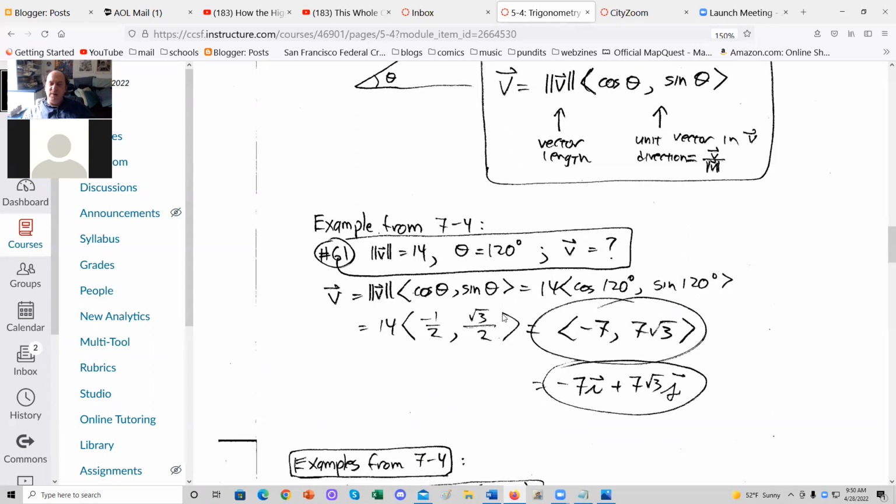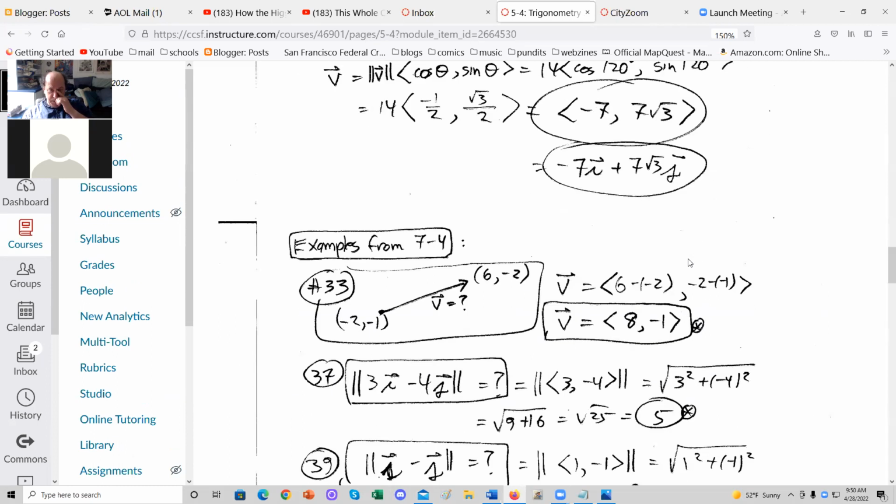Sine 120 degrees is √3/2. If you multiply both of these components by 14, -1/2 times 14 is -7. √3/2 times 14 is 7√3. So -7 by 7√3, or in other words, -7i plus 7√3j. So that's the rectangular version of this in polar coordinates.